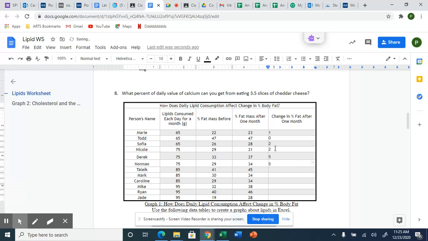Yeah, that's 5. Have to do it the kindergarten way. 41 from 45 is 4. 30 to 34 is 4. 29 to 34, 5. 32 to 38 is 6. 40 to 46 is 6, and 19 to 28, 19, 20, 21, 22, 23, 24, 25, 26, 27, 28, 9.